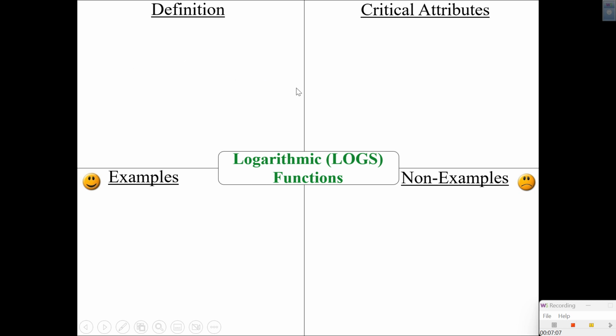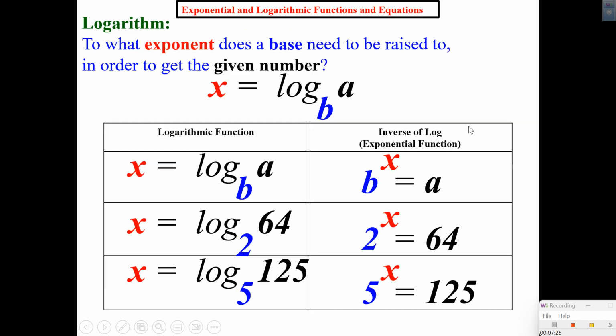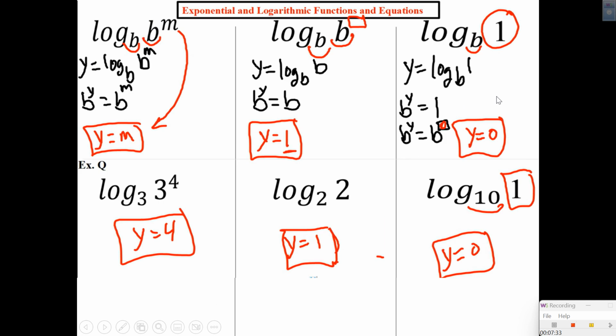Inverse of exponential functions. Yes. Logs are inverse of exponentials. We covered how to rewrite them from logs to their exponential form, and vice versa. From there, I gave you guys some small properties before we got started with the ones that we covered yesterday. Today, we're going to get more into these. Keep these in mind, please.